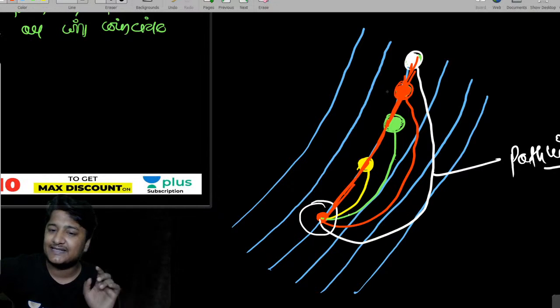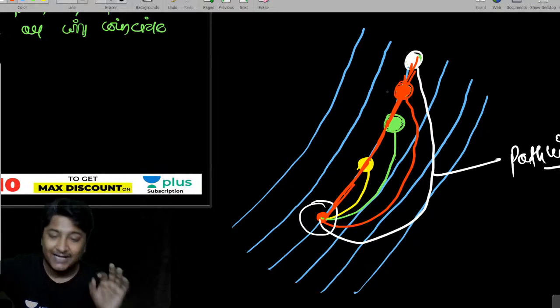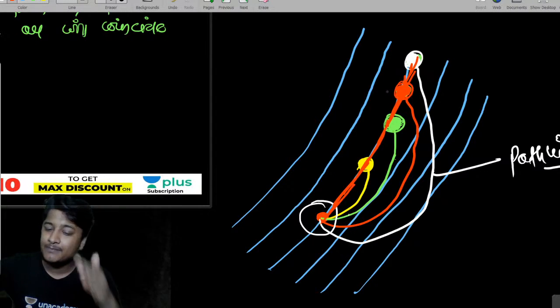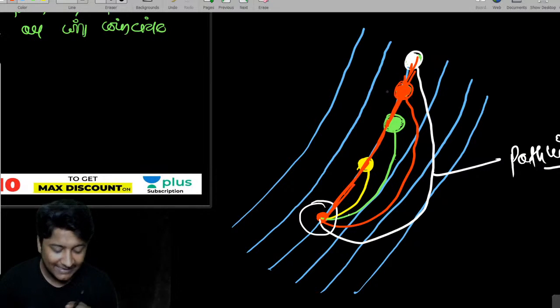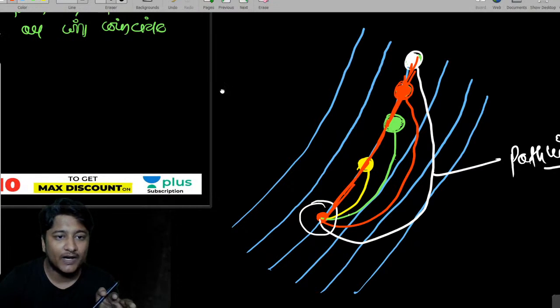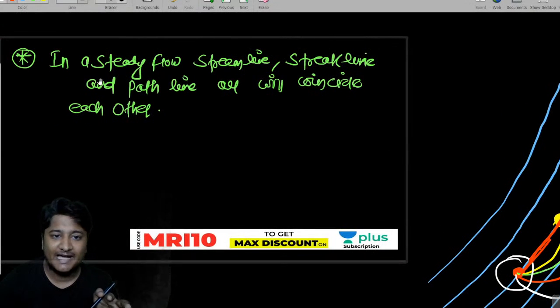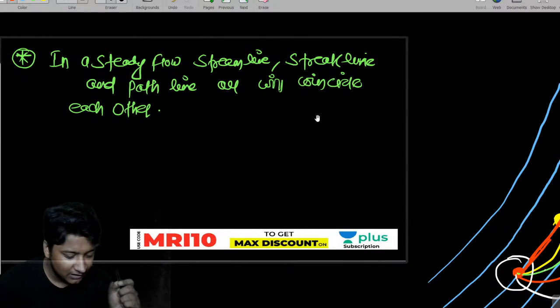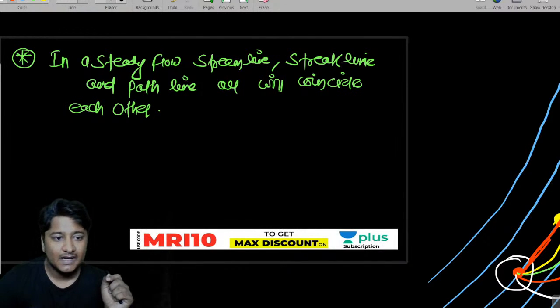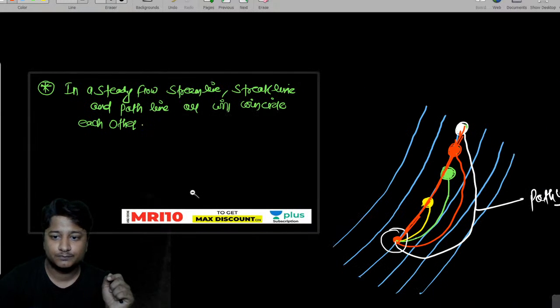And in that case the streak line, the path line, the streamline, all are at the same line. And that's what I told here. यही मैंने आपको बोला था. In a steady flow, streamline, streakline, pathline, all will coincide with each other. That is the only thing I told you.